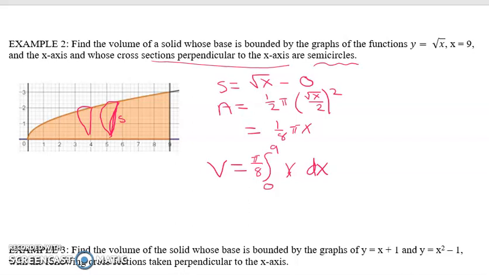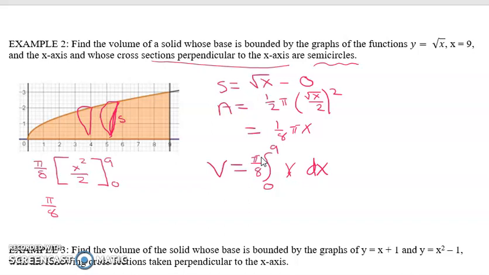For this, I'm going to work this one out by hand just as a reminder for you guys. So we've got pi over 8. Then when we take our antiderivative of x, we increase the power by 1, divide by that power, and then evaluate it from 0 to 9. So we still have the pi eighths out in the front.